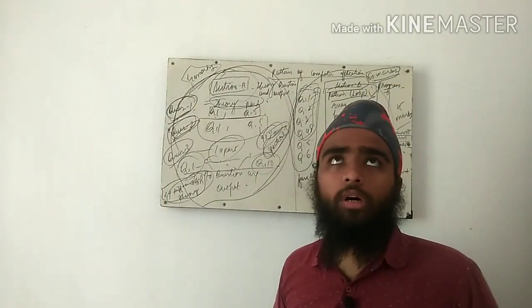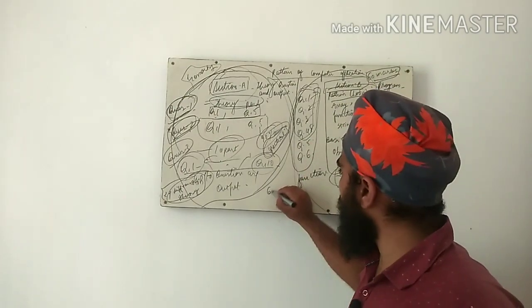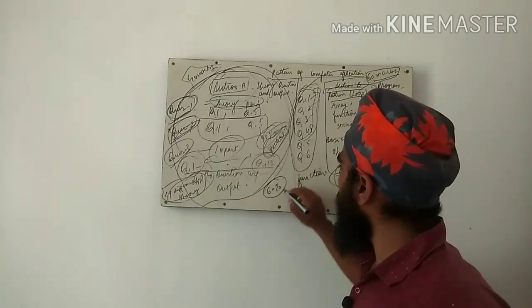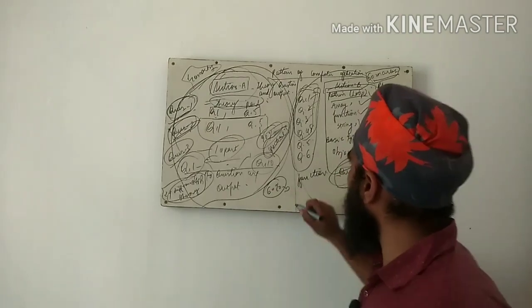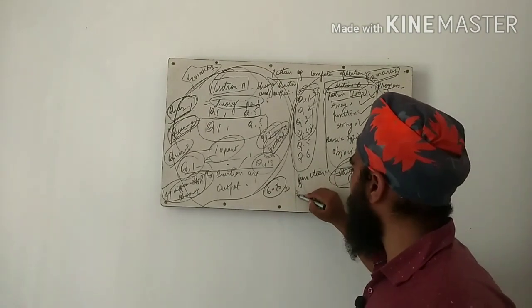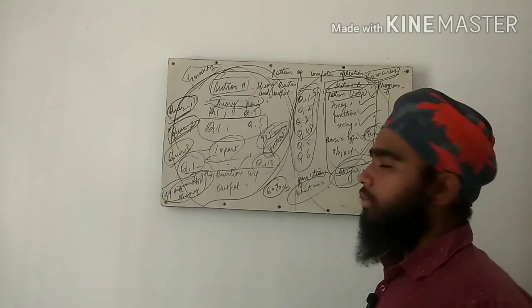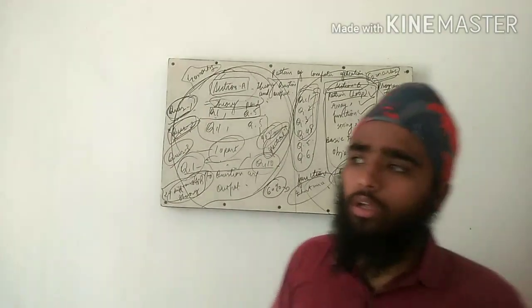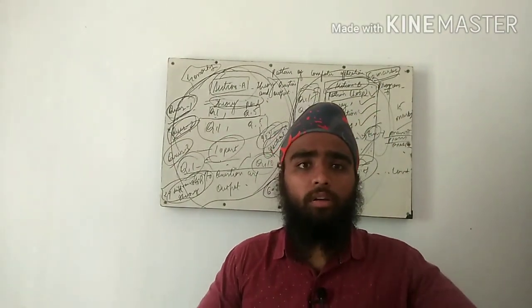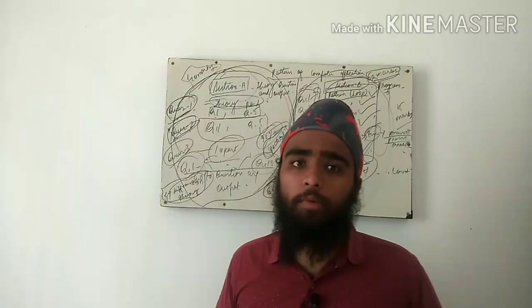Also I want to remind you that there is, I think, a 60% chance in the 2020 paper that one program out of these 6 could be of inheritance, because there was never an inheritance program in previous papers.